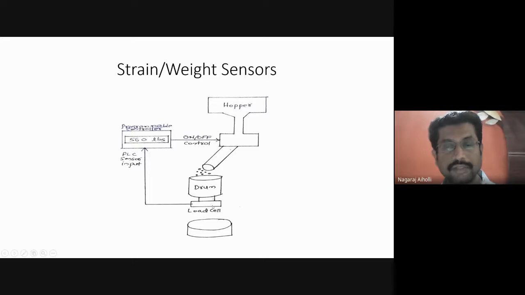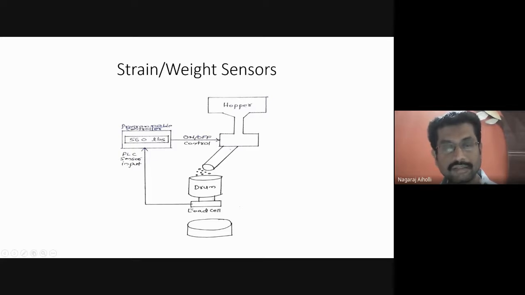So this drum is placed onto the load cell, and by the working principle of the load cell, whenever there is any weight or strain, that is converted into its equivalent voltage or change in resistance. That is how this load cell is able to measure the weights of certain materials.